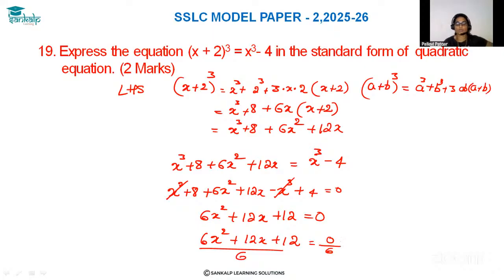So when we divide both sides by 6, this becomes x square plus 2x plus 2 is equal to 0. So this is in the standard quadratic form ax square plus bx plus c is equal to 0. So here the coefficients are a is equal to 1, b is equal to 2 and c is equal to 2. Thank you.